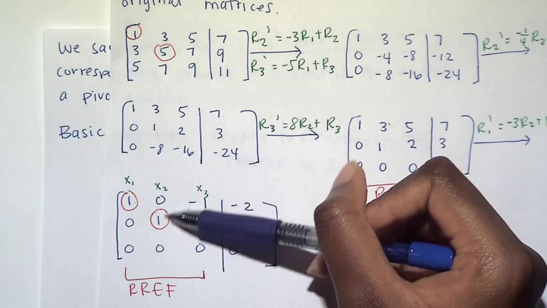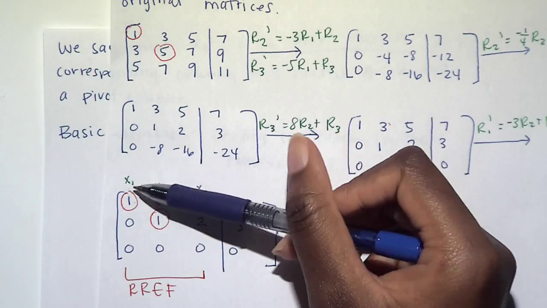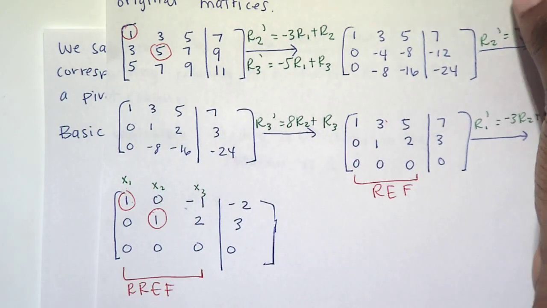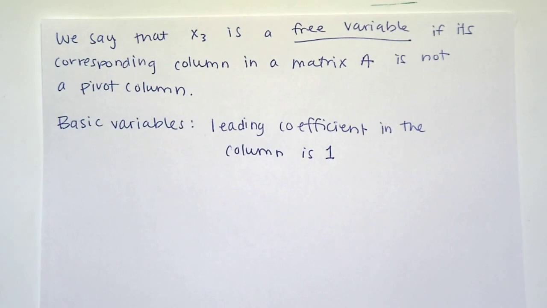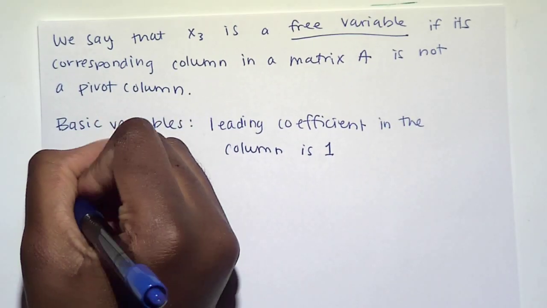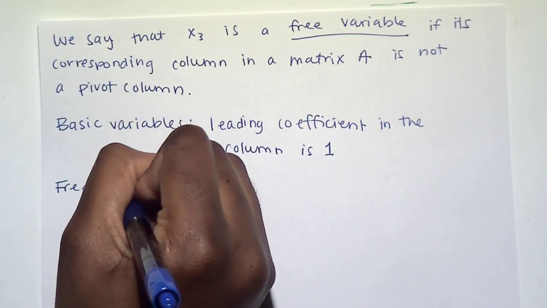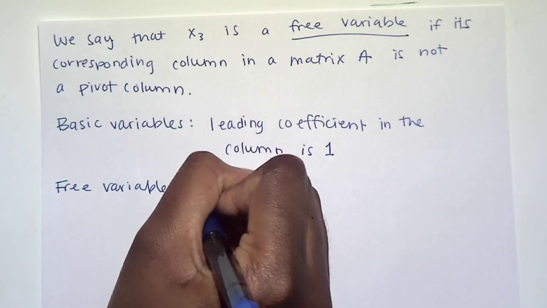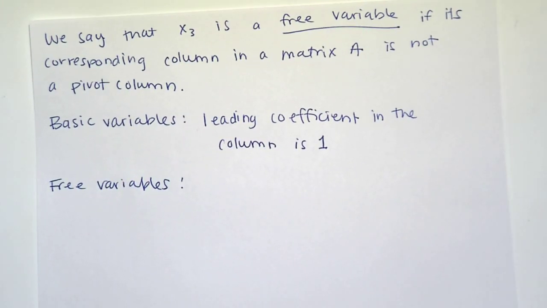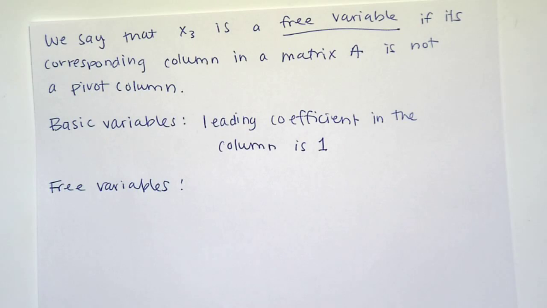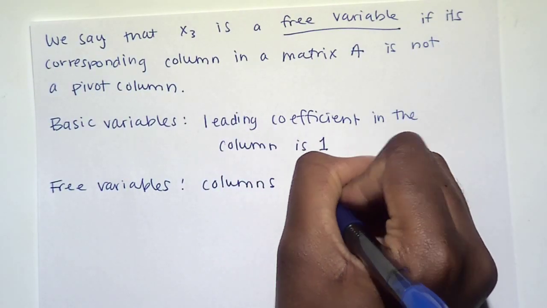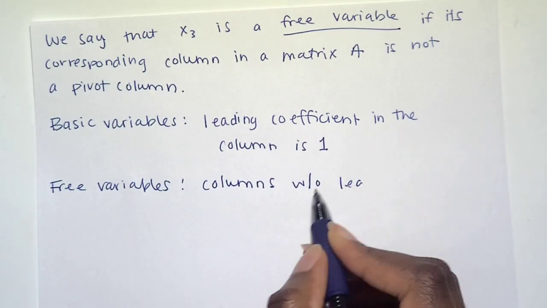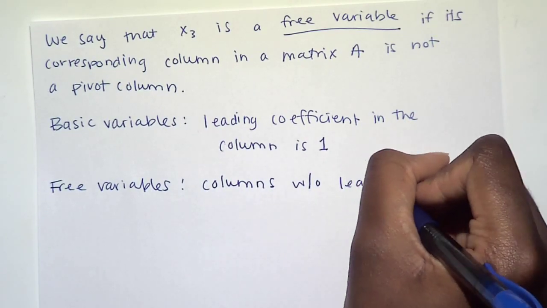The leading coefficient in this column is 1. So that tells us that x1 and x2 are just basic variables. All right, and so for our free variables, we'll have columns without a leading 1 coefficient.